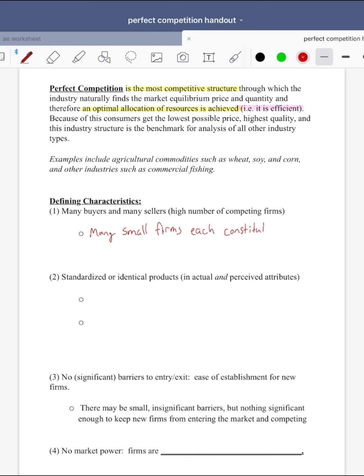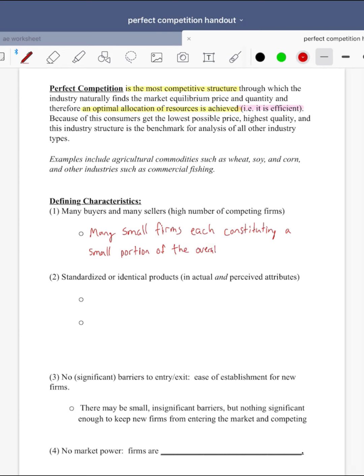So let's look at some of the characteristics of perfect competition. The first one that we talked about is going to be the number of firms in the market. Now, whenever we're talking about perfect competition, there are going to be many buyers and many sellers.